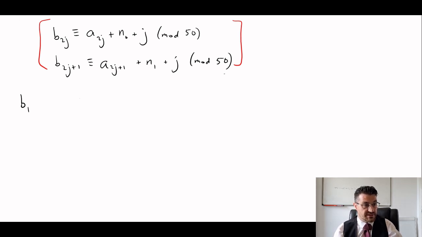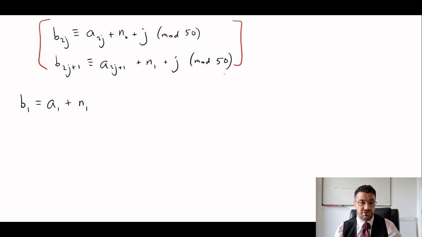Okay, so this is therefore going to be equal to, and I'm just going to use equals rather than identical, the 3 equals symbol, whatever you want to call it. So that's going to be equal to A1 plus n1 plus 0. Okay, so we do have a plus 0. I'm not going to bother writing that.